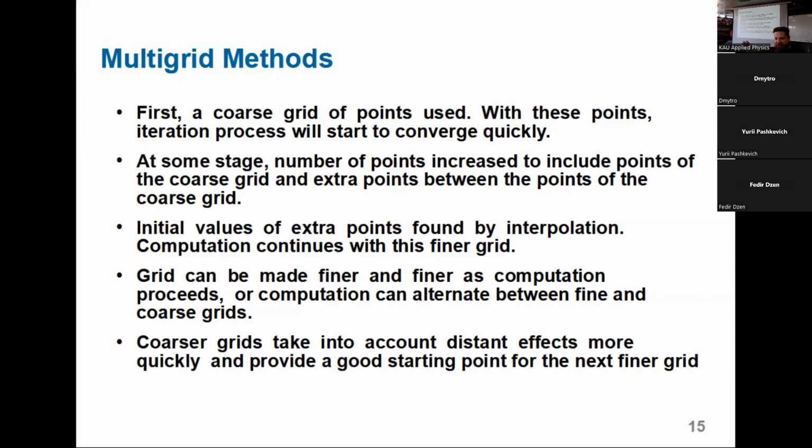You can start from a single number, and then from that go to finer grids, and use the results of each refinement as the initial guess for your next refinement.